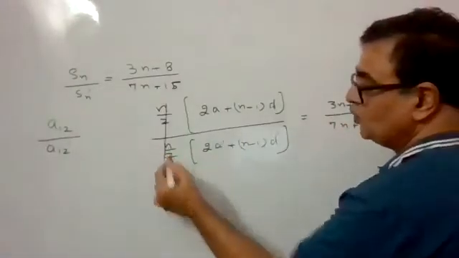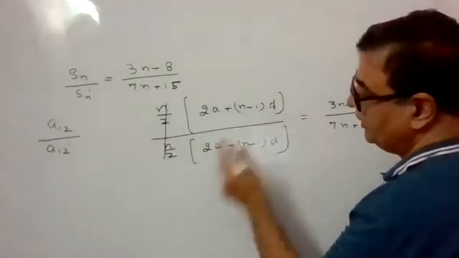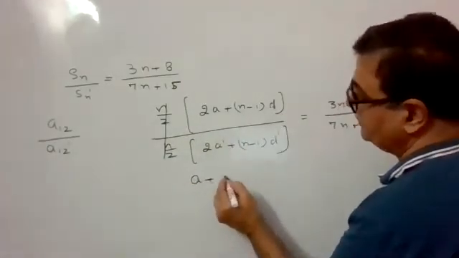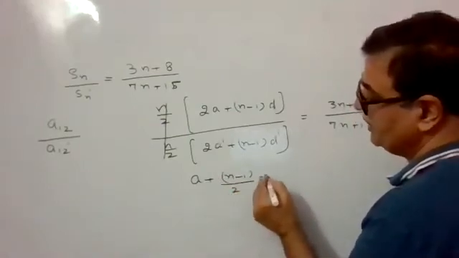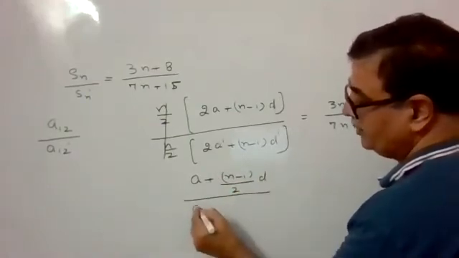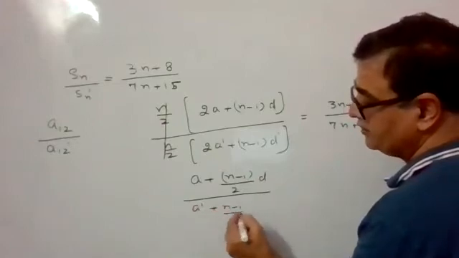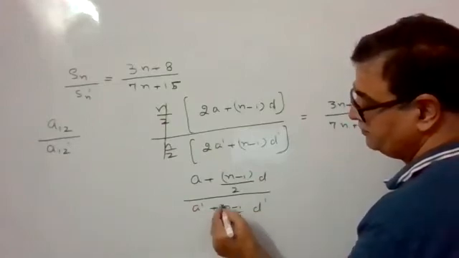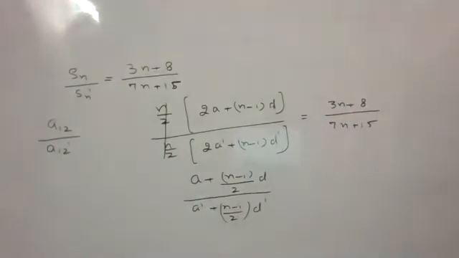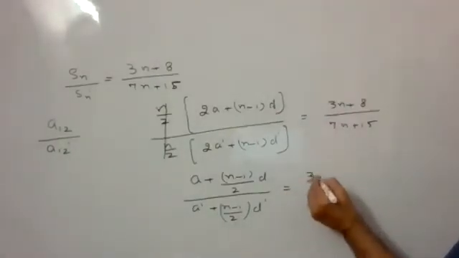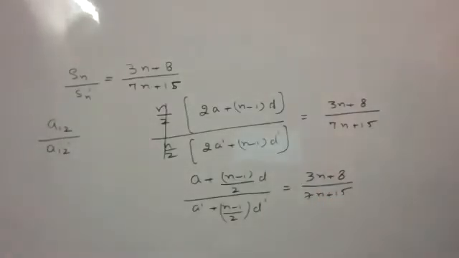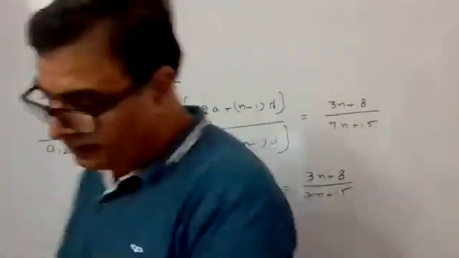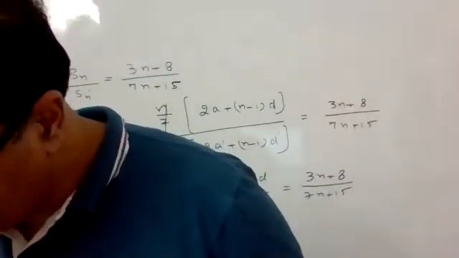This n by 2 is gone. 2 will divide in the numerator and denominator, so it will come to a plus n minus 1 by 2 d, and here I got a dash plus n minus 1 by 2 d dash. That comes out to be 3n plus 8 by 7n plus 15. The answer is 7 by 16.